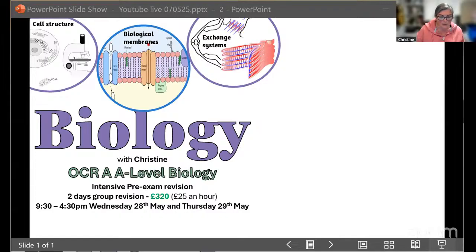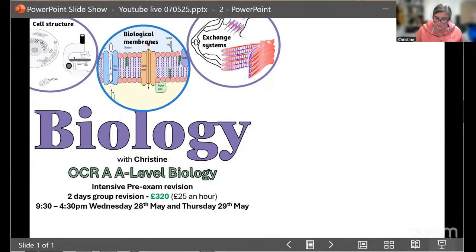I was actually looking at the cardiac cycle in my group tuition session the other day because I really do feel that neuronal communication and muscles are coming up. Now, it's whether or not they're going to ask you to compare the smooth muscle, which is involuntary, cardiac muscle, and the other one, oh my word, skeletal muscle.